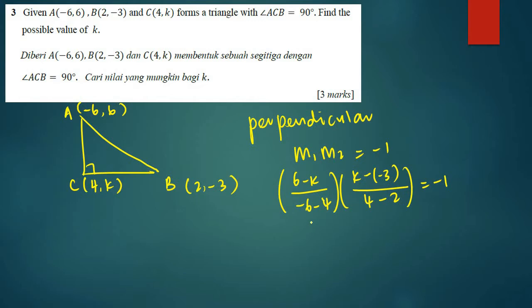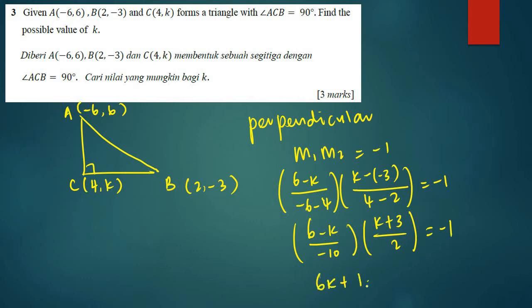Okay, simplify: (6 minus K) over negative 10 times (K plus 3) over 2. Okay, expand it: 6K plus 18 minus K power 2 minus 3K, over negative 20, equals negative 1.